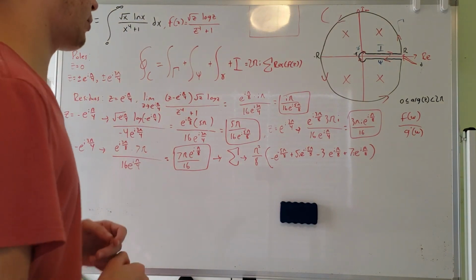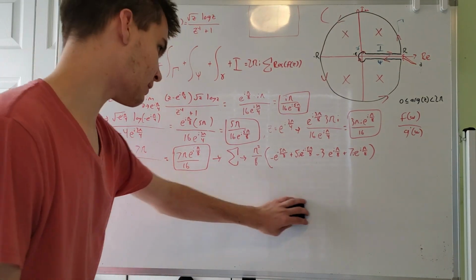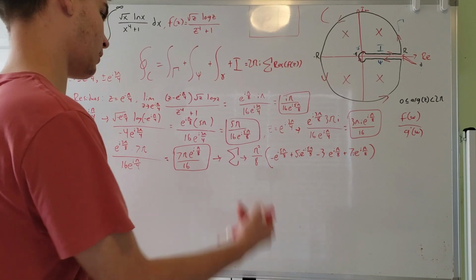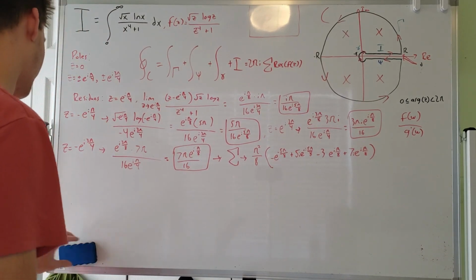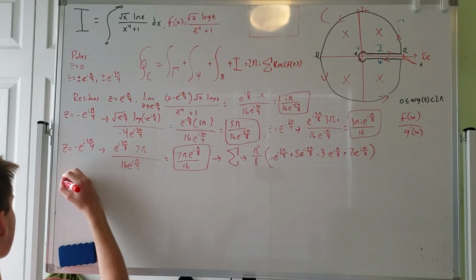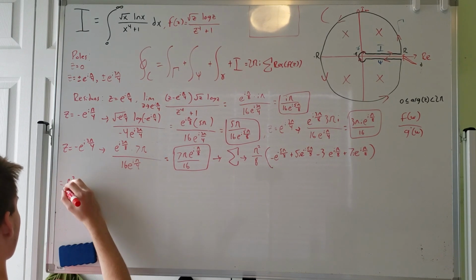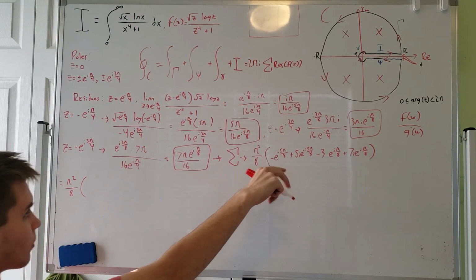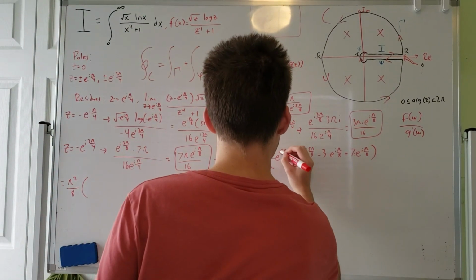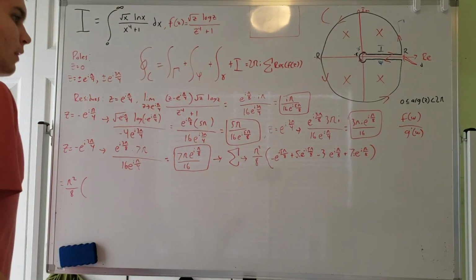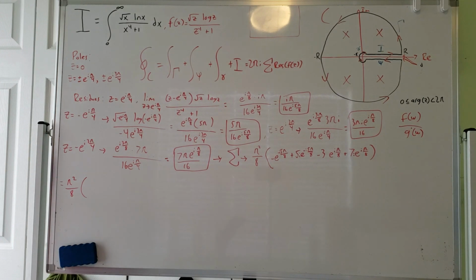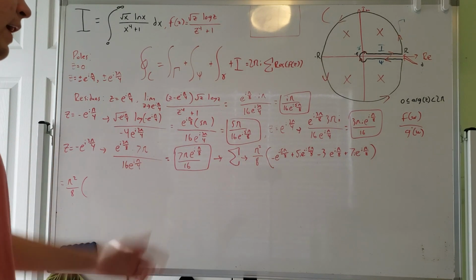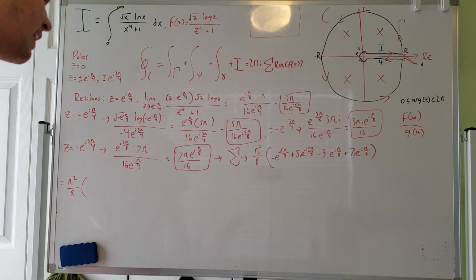But now I want to separate this into real and imaginary parts, which means I'm going to have to expand all these using Euler's formula. Fun. So that means we're going to have pi squared over 8. Now, e to the, there. So we just know that e to the i theta is cosine theta plus i sine theta.